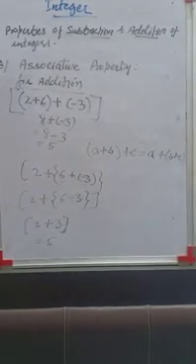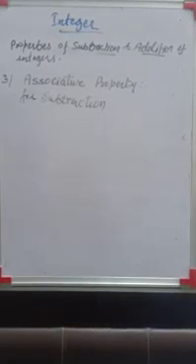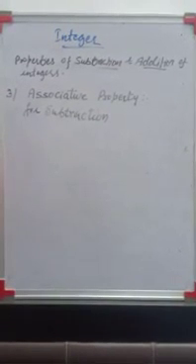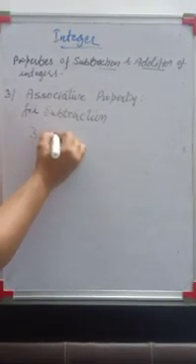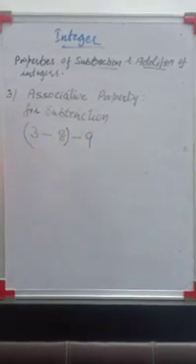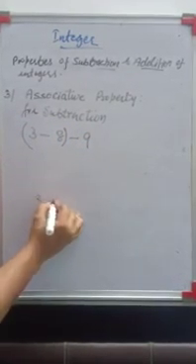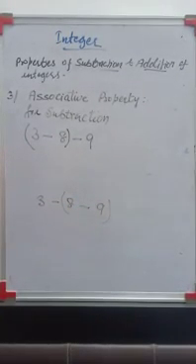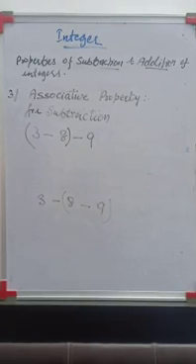Next, I am checking it for subtraction. Now let's check the associative property for subtraction. I am taking an example: 3 minus 8 minus 9. First, I have done grouping over here. The same terms I am writing, right? And now the grouping I have done over here. Now check the results.